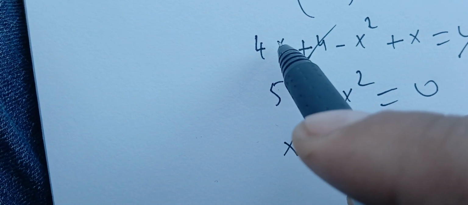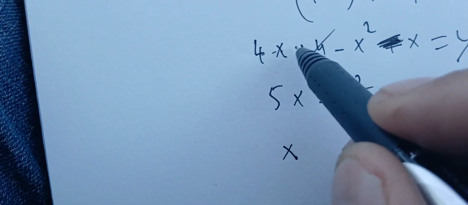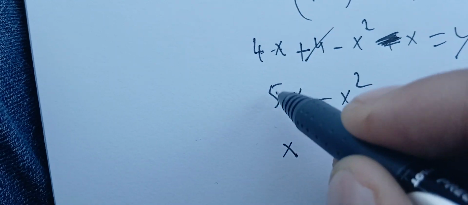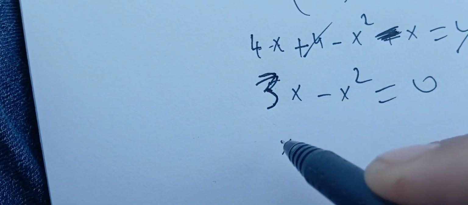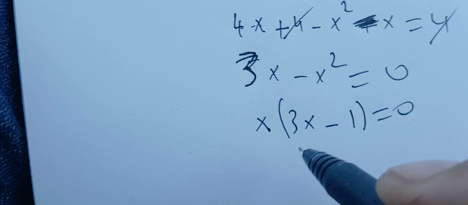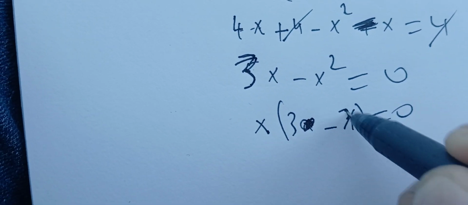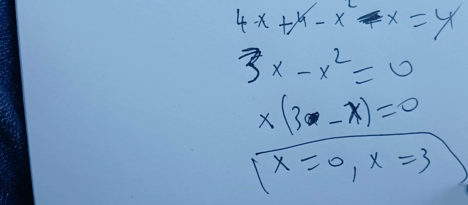So I can factor. I get x times 3 minus x equals 0. So I get x equals 0 or x equals 3.